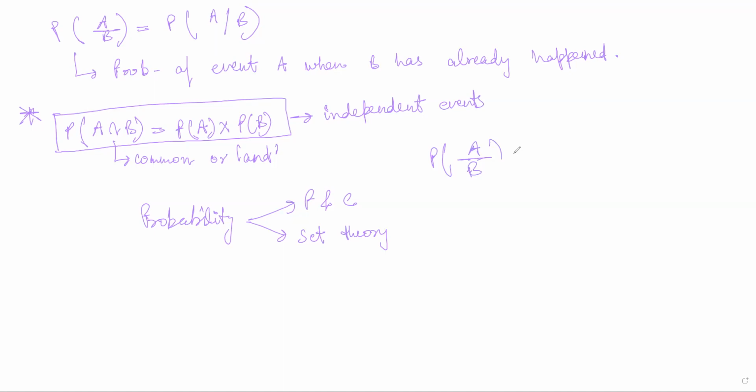Probability of A by B is probability of A intersection B divided by probability of B. So let's say I want to write probability of X when Y has already happened. I can write this as probability of X intersection Y, probability of both of their intersection, divided by probability of Y.